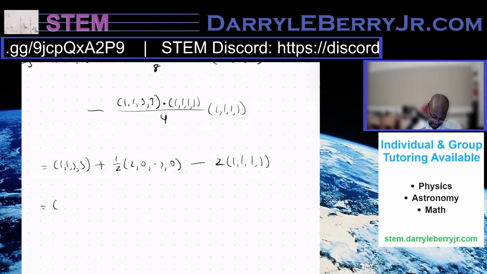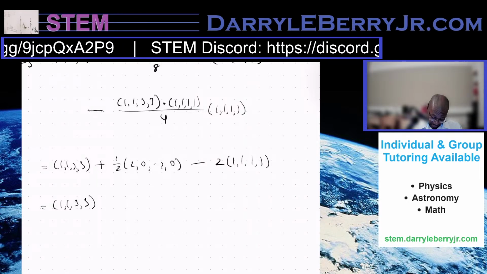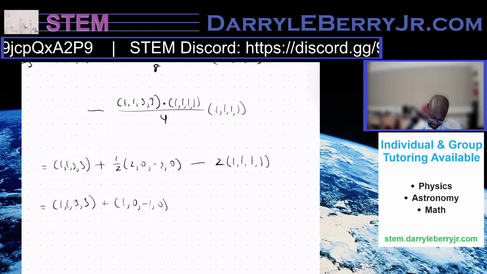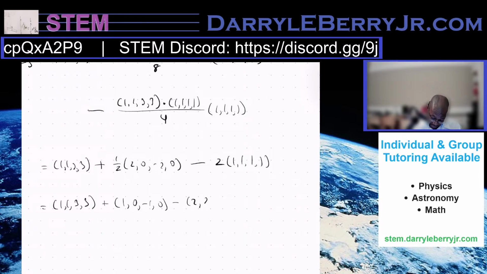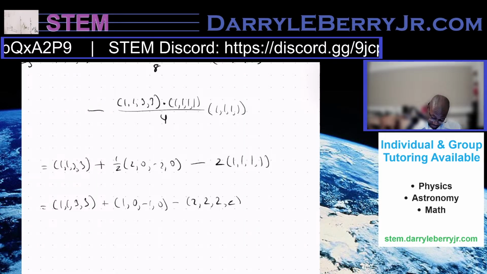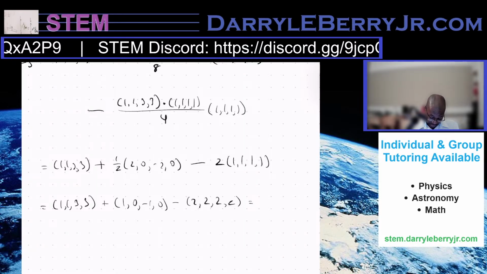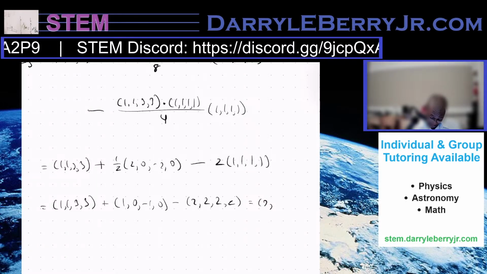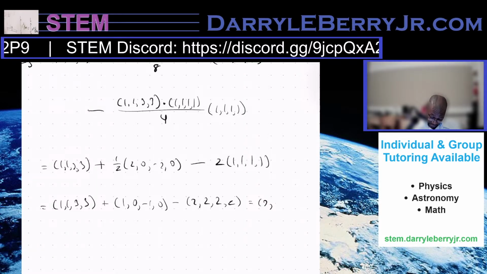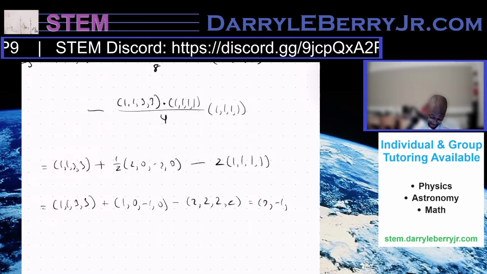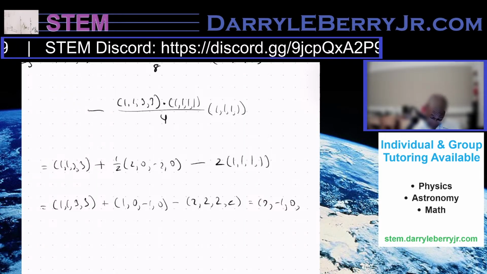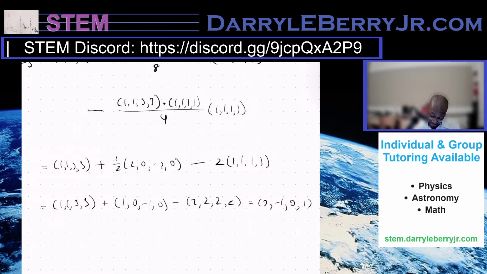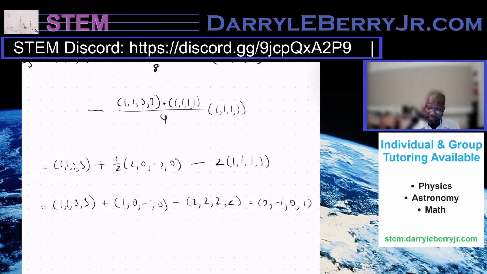So that's going to be 1, 1, 3, 3, plus 1, 0, negative 1, 0, minus 2, 2, 2, 2. So that's going to equal 1 plus 1, that's 2, minus 2 is 0. 1 plus 0 is 1, minus 2 is negative 1. 3 minus 1 is 2, minus 2 is 0. And 3 plus 0 is 3, minus 2 is 1. Did they get that? 0, negative 1, 0, 1.